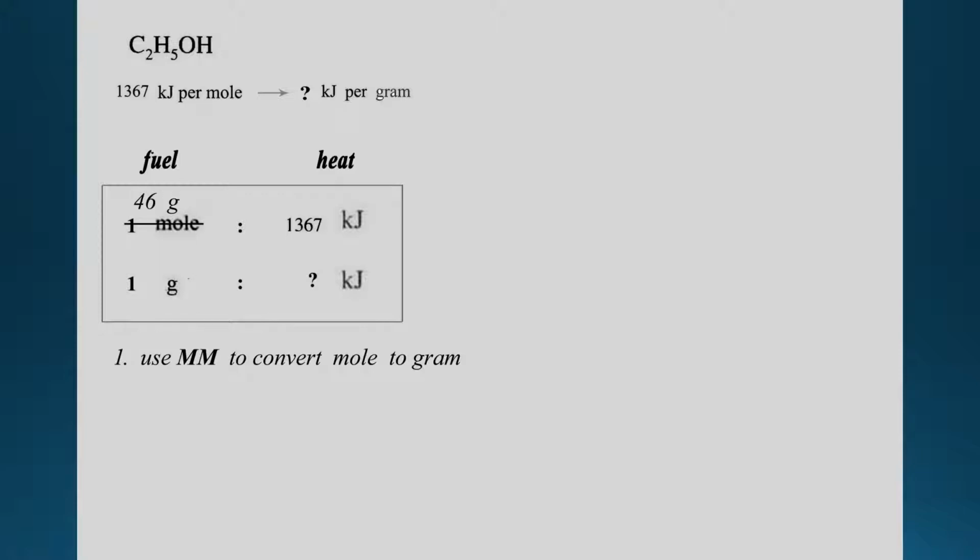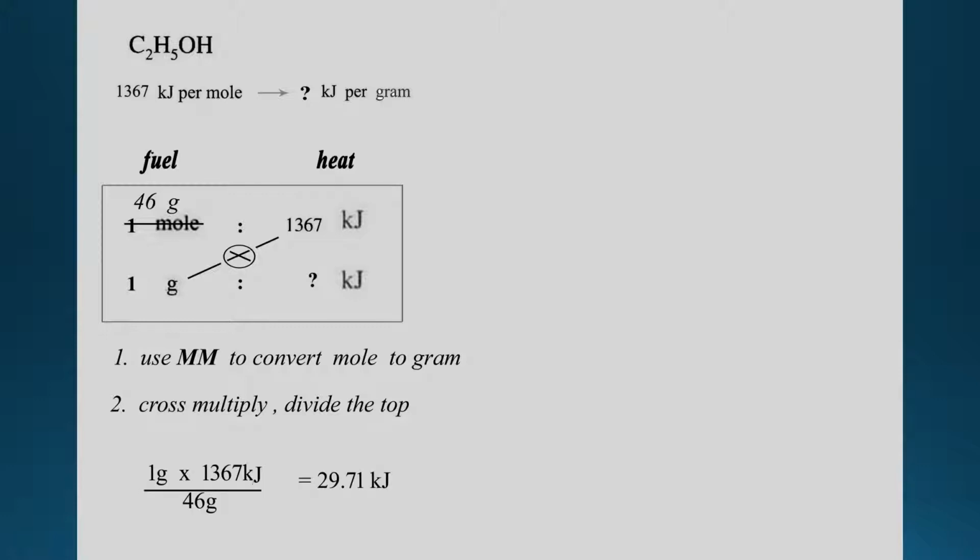When you add up, it gives 46 gram. Step 2: cross multiply, divide the top. What do I mean by that? 1 times 1367 and divide by 46, as follows. And here's the answer.